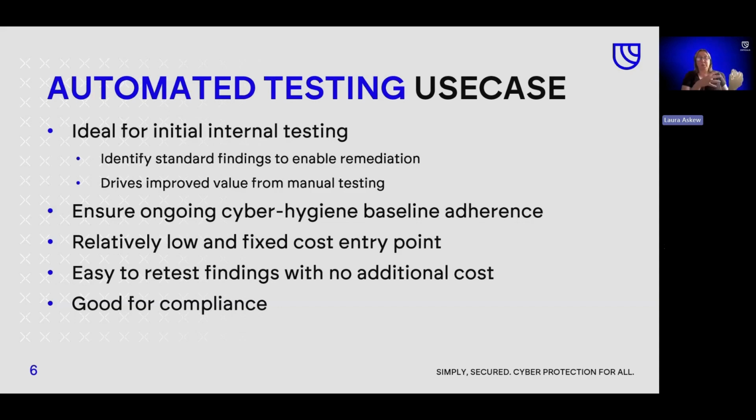It's based on IP addresses, so that you understand what your cost is going to be and it doesn't change. You could have it quarterly, you could have it monthly. Say it means that you're not having to wait a year to figure out that the things you thought were fixed aren't fixed, or to make sure that new things haven't been introduced into the network. And it's good for compliance, because again, you can show that baseline is held to a standard.